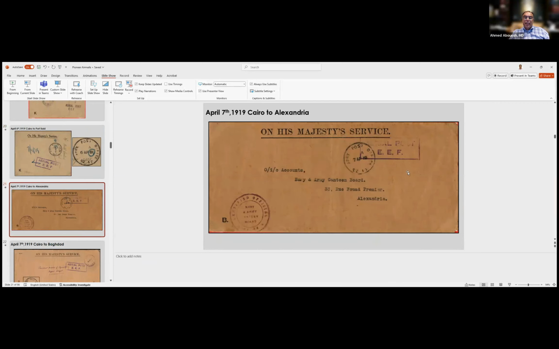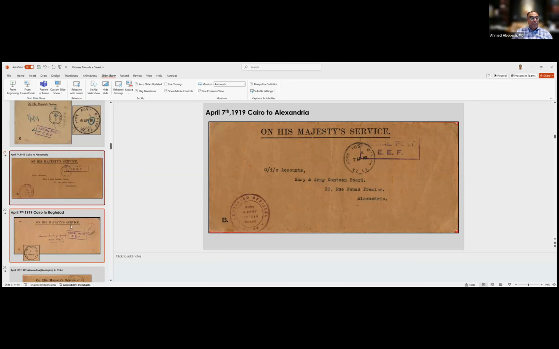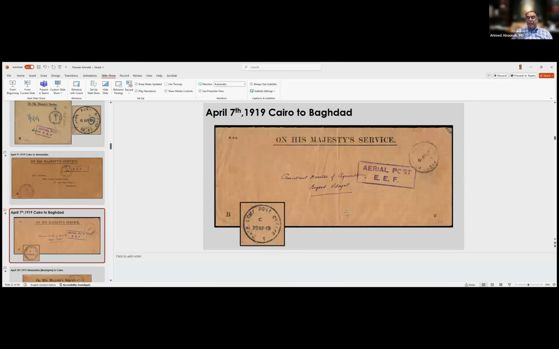Again, another from Cairo. You can see the violet and mauve. This was the 7th of April, 1919. And this one to Baghdad, I believe, was the 7th of April. The first stamp on the back is a second stamp used on the 28th, which was previously thought to be the last day of usage.